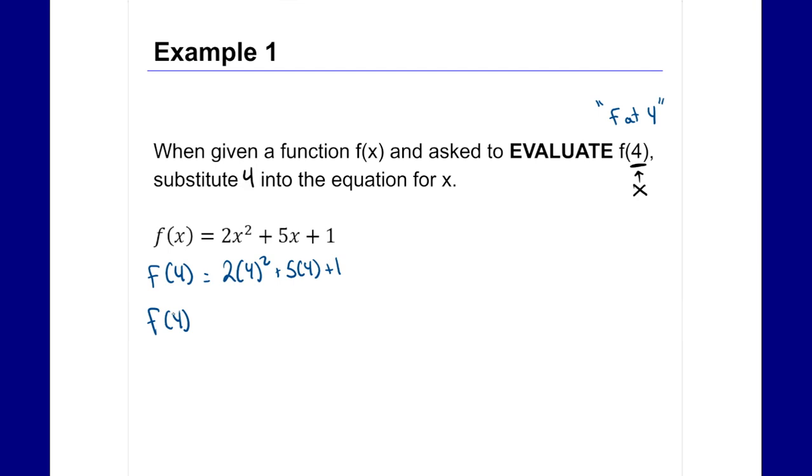F at 4 is equal to 16 times 2, 32, plus 20 plus 1. F at 4 is equal to 53. I don't need to write anything further, I can just leave it at that. So the function when x is 4, or f at 4, is equal to 53.